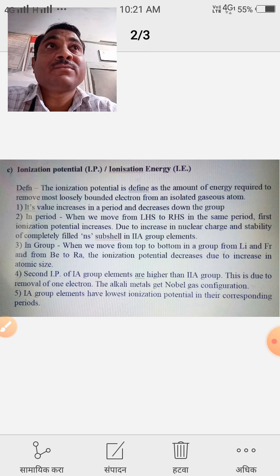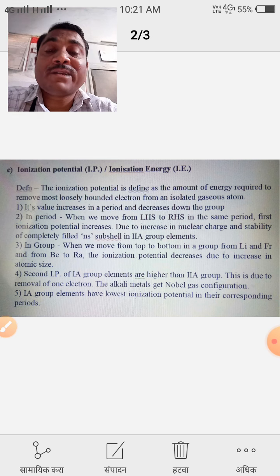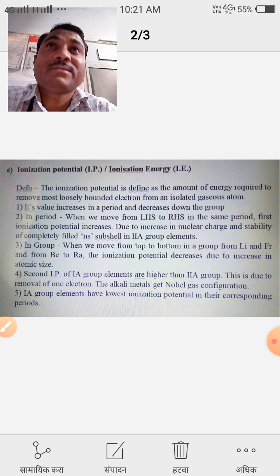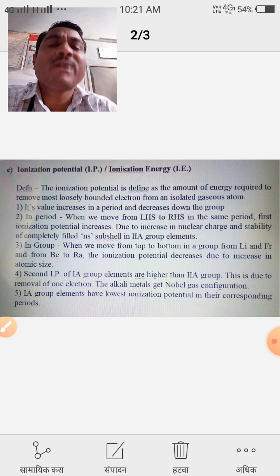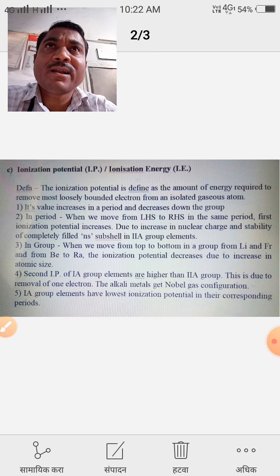That means the attraction between the nucleus and outermost shell electron decreases. So less energy is required to remove the electron from the last shell of an atom.